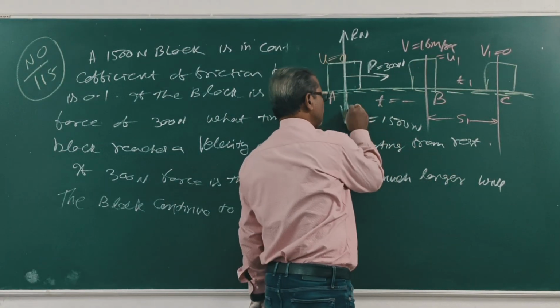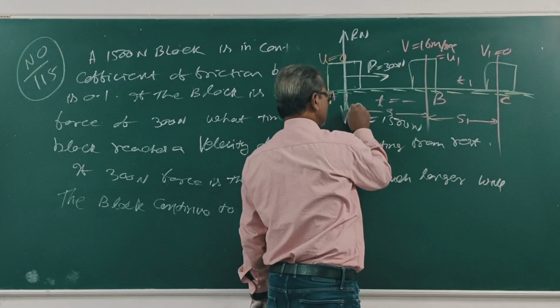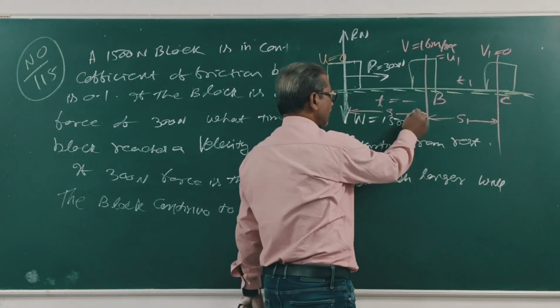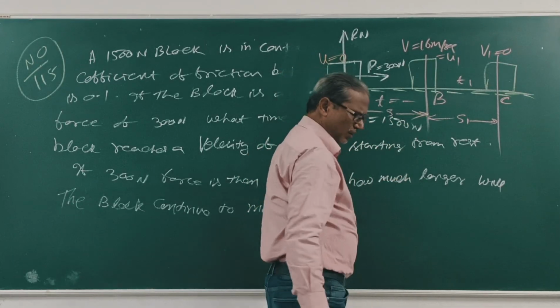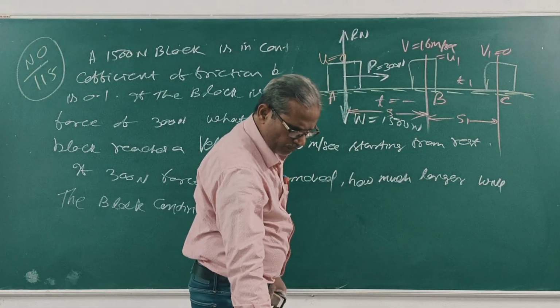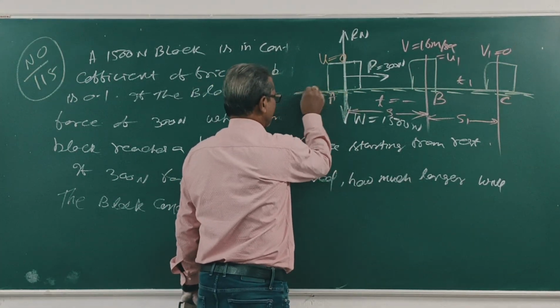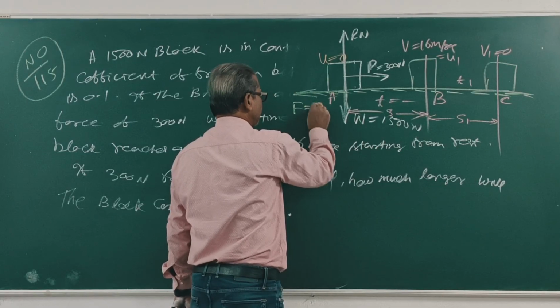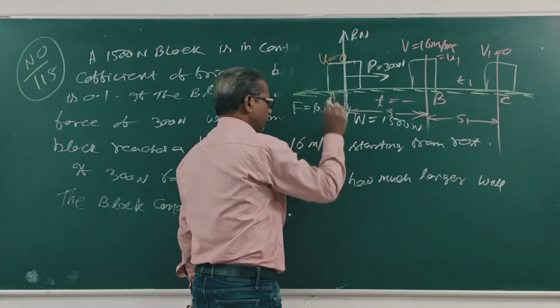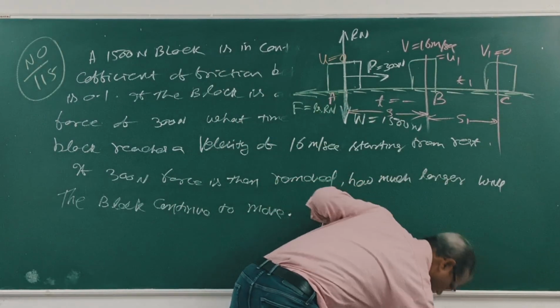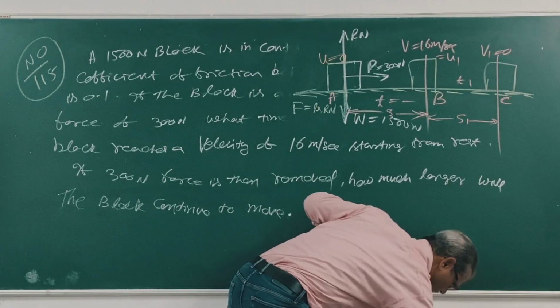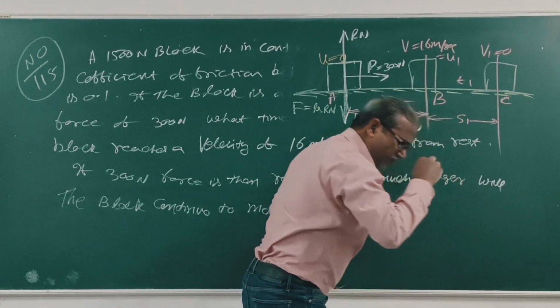This is S2. This is S. Now the block is moving forward, so friction acts backward, F. What is F equal to? F is equal to mu Rn.